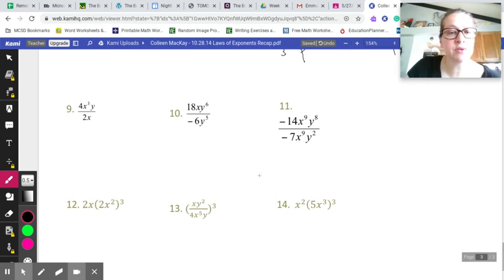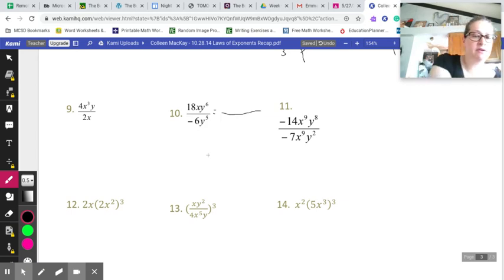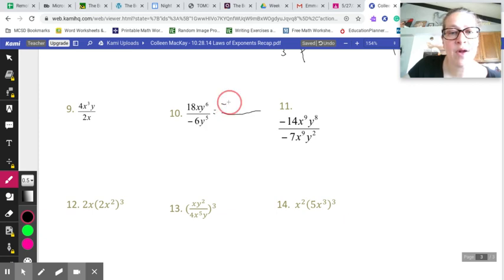Okay, let's look at the next row. We're going to do number 10. They're all pretty similar. So what I'm going to do is reduce my fraction. 18 divided by negative 6 is negative 3. Okay, there are no x's down below, so this x is going to stay at the top.